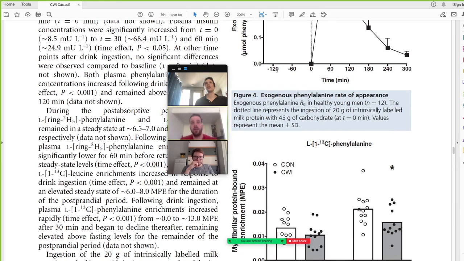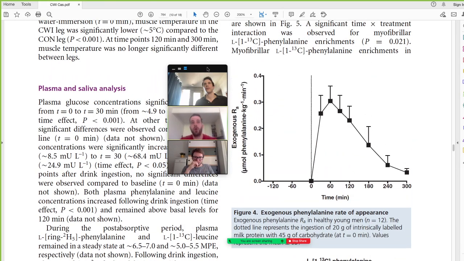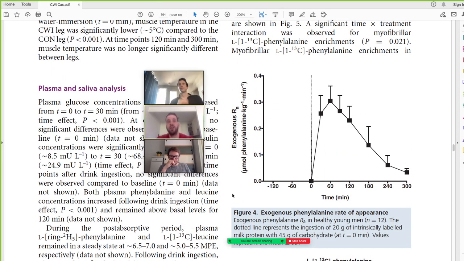I think it's then this one, maybe we can go quickly over this. This is representative of the amount of amino acids that are coming from the protein drink and their availability in your systemic circulation. So in easier terms, how much of the drink is actually coming into your body?